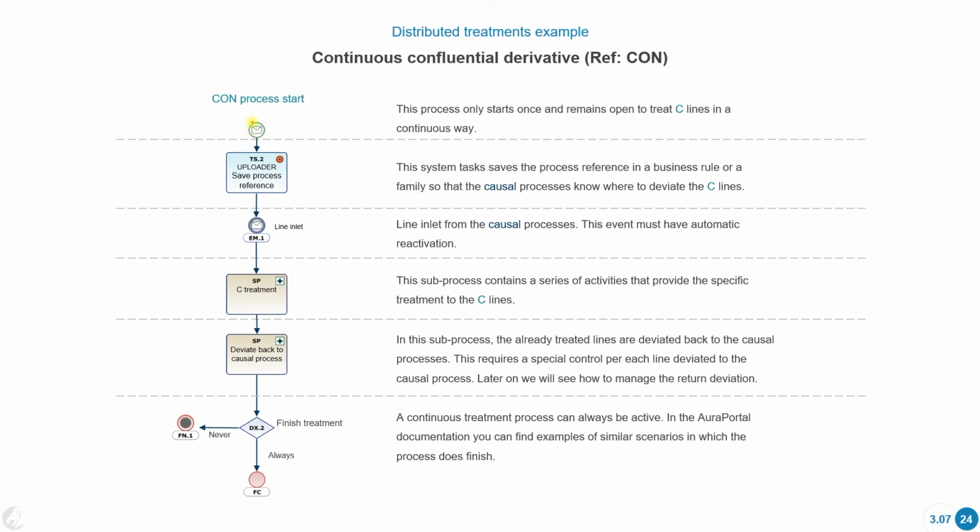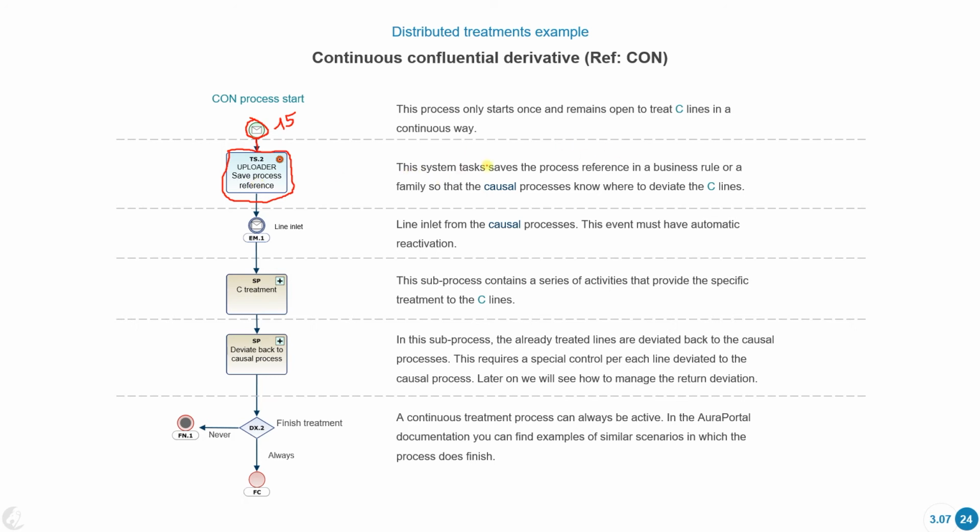It's going to start, and the first thing it's going to do is grab the reference of this process. Let's say the reference is CON, whatever. Let's say the last number is 15, so it's instance number 15. It's going to store this information somewhere so that the causal process can go there and look for that information.